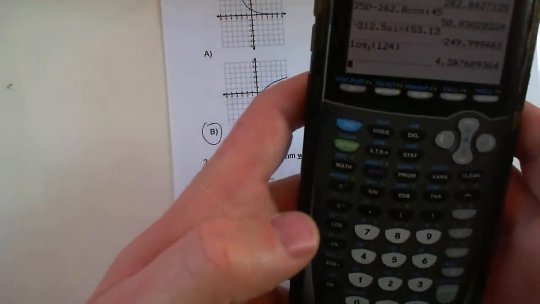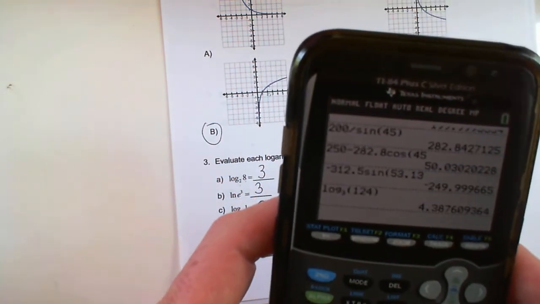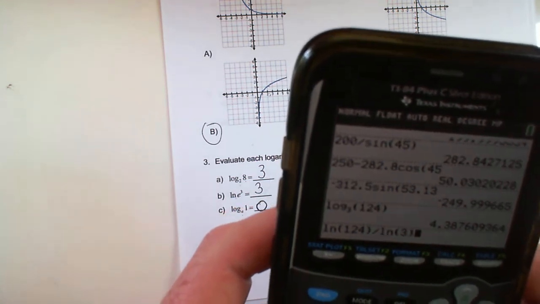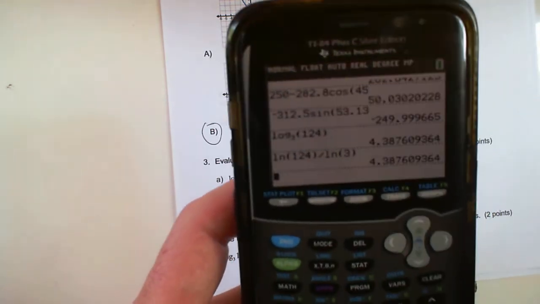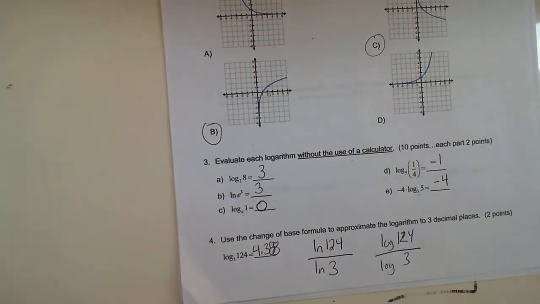When I put natural log 124 divided by natural log 3 into the calculator, I get that same 4.388 answer. So either one of those ways works. If you have a newer calculator, you can do it this way. With the older calculators, you have to go that way.